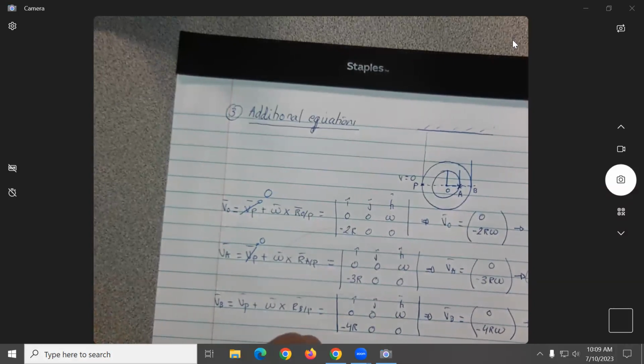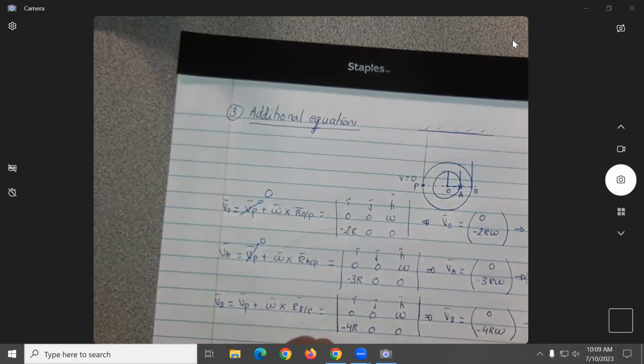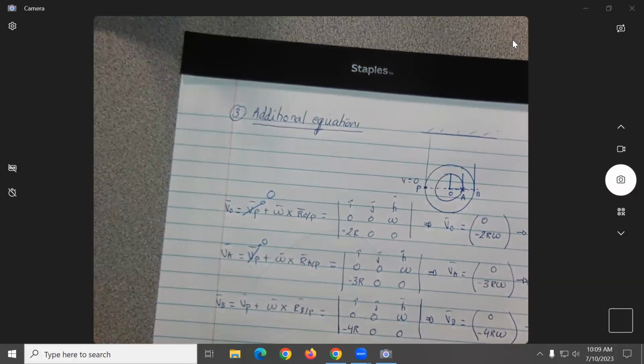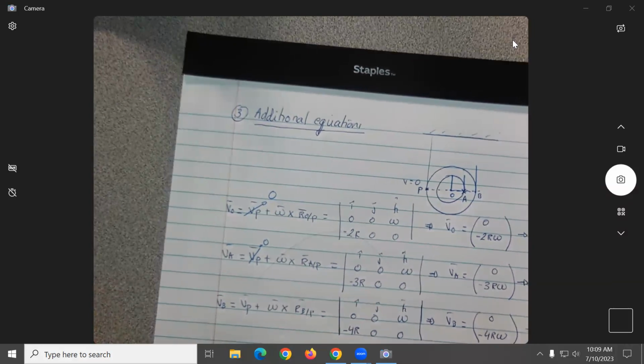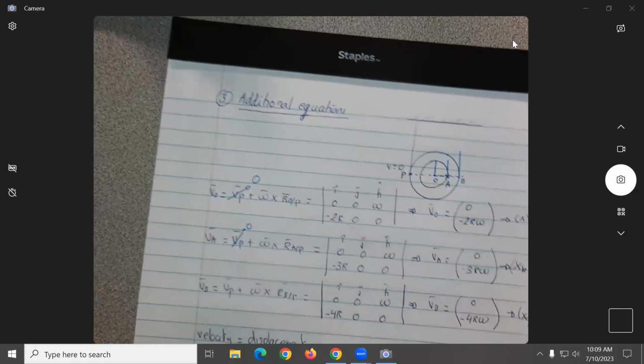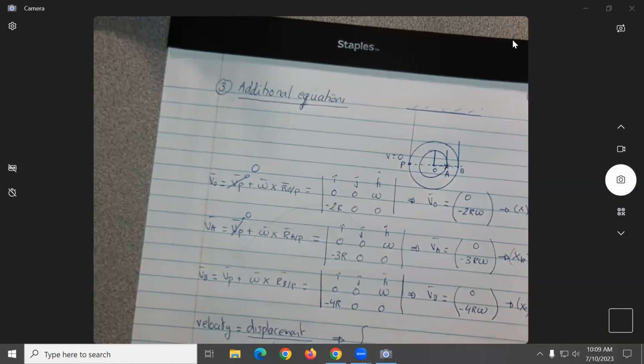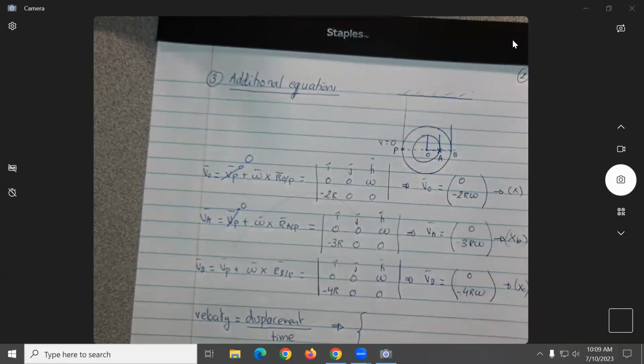Okay, so now, knowing that velocity is displacement over time, for the same amount of time, what will be the ratio between those two displacements? Let's say we divide everything by 2, no?